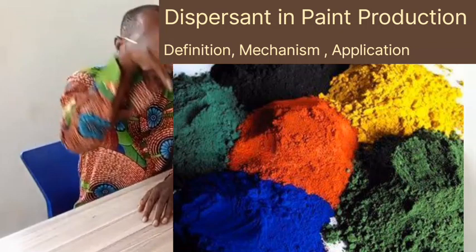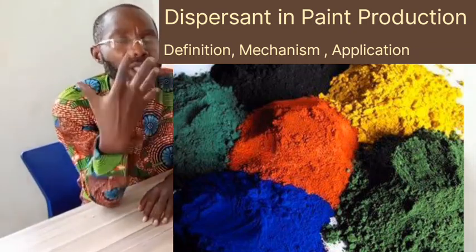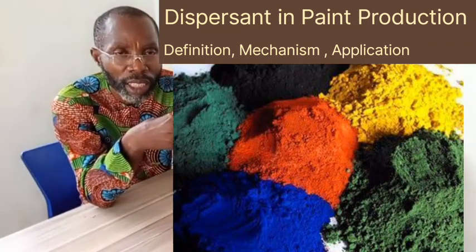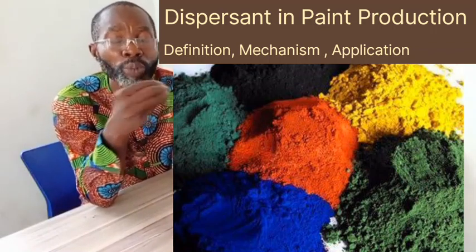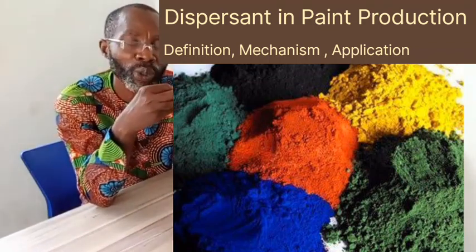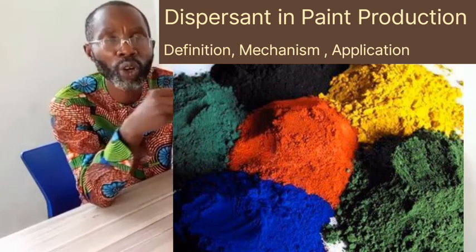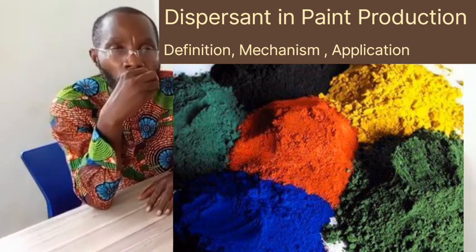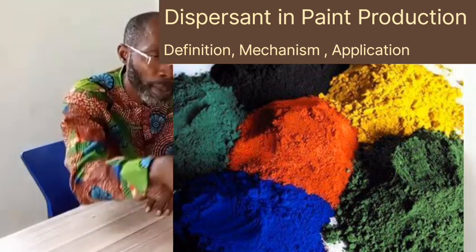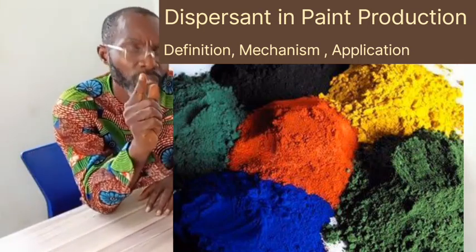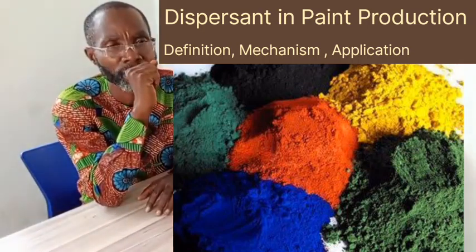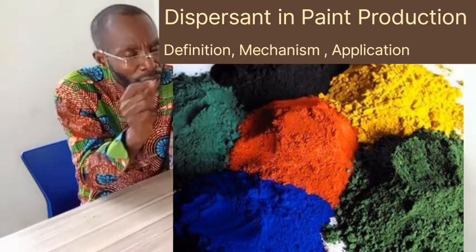Now, when you put this pigment in your production process, you mix it with other chemicals. Let's assume you put what we call yellow oxide. You can use it to achieve what we call cream color or any color. When you put pigment into your production process without dispersants, you are going to have a little challenge.